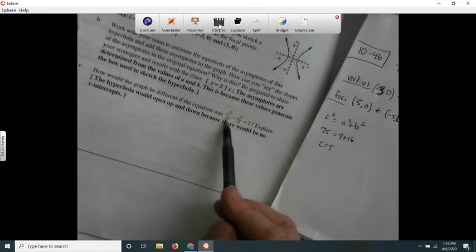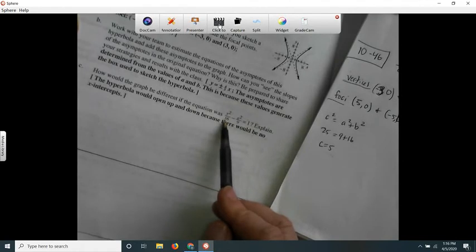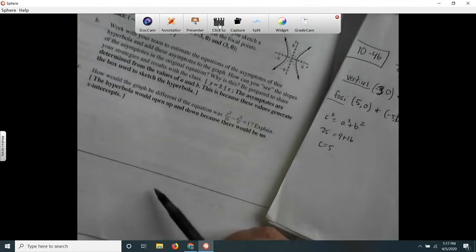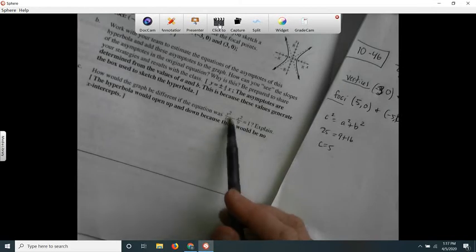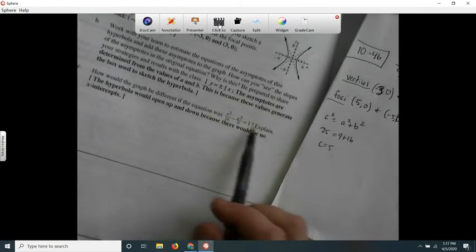This one's going to open up and down. Okay, so if y comes first, it's going to open up and down, and if x comes first, it's going to open right and left.